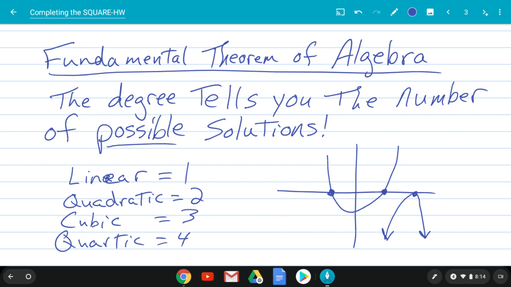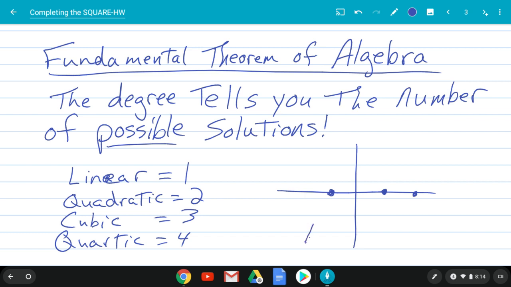Well, since I said that, what if I talked about a linear equation? Could I have a linear equation that looks like this? How many solutions would it have? One. Could I have a linear equation that looks like this? How many solutions does it have? None. No solutions, right?